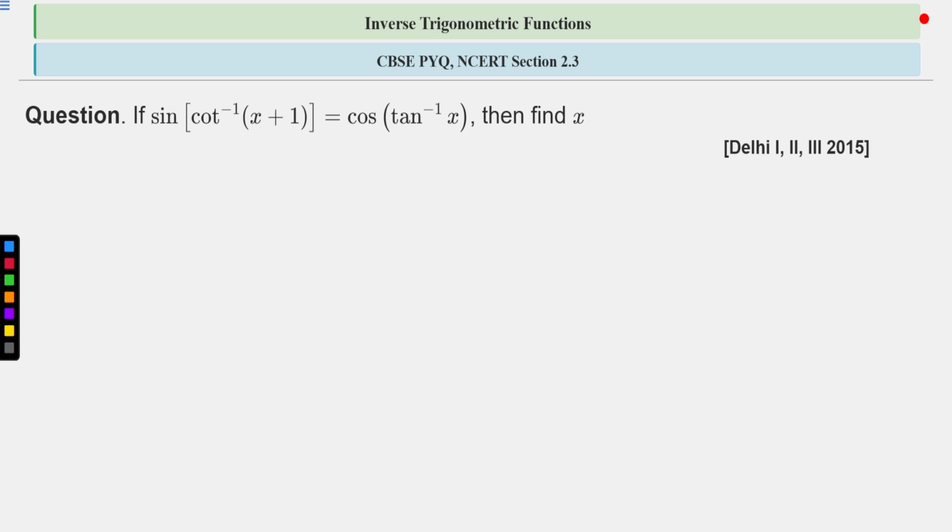Similarly, on the right hand side, tan⁻¹x can be written in terms of cos⁻¹φ, and again we can apply cos(cos⁻¹φ) is equal to φ. Clear? After that, by comparing the left hand side and right hand side, we can easily find the value of x. So you have 10 seconds to solve or think about this question. After that we will discuss the solution part.